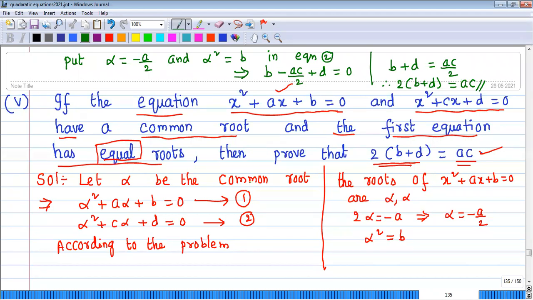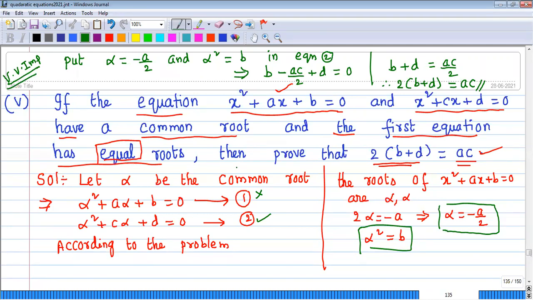So here don't substitute in equation 1. Here substitute in equation 2 because equation 1 has the equal roots. So that's why in the second equation substitute alpha for minus a by 2, alpha square for b, you get the eliminant, that is nothing but 2 of b plus d is equal to ac. This is a very, very important result for JEE Mains examination and different competitive entrance examinations.